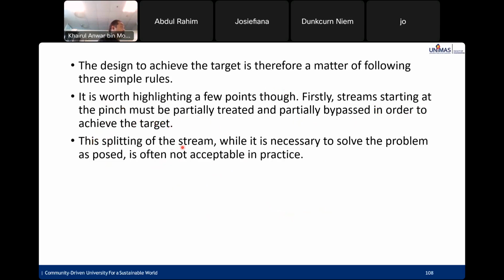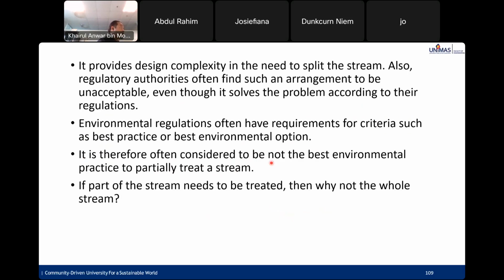The splitting of the stream, while it is necessary to solve the problem theoretically, is often not acceptable in practice. It adds design complexity in the need to split the stream. Also, regulatory authorities often find such an arrangement to be unacceptable even though it solves the problem according to their regulation.